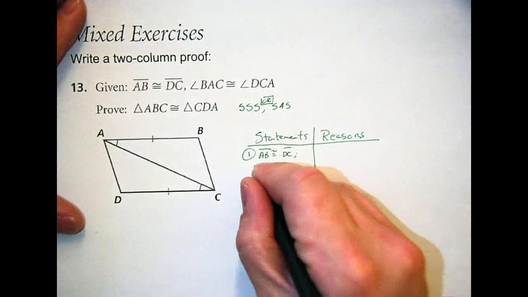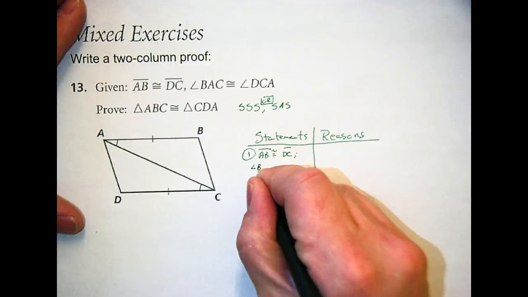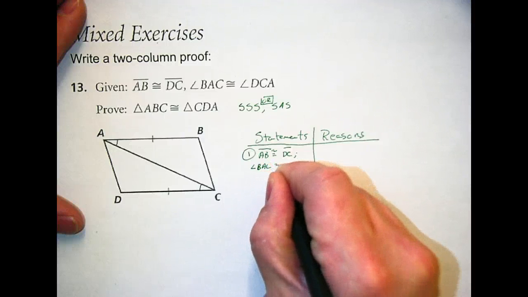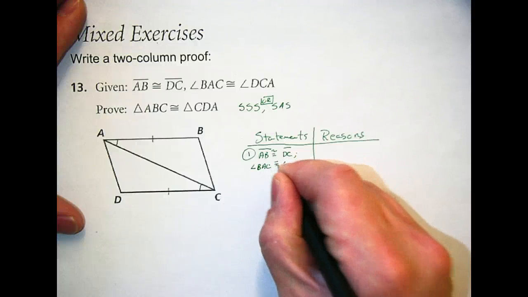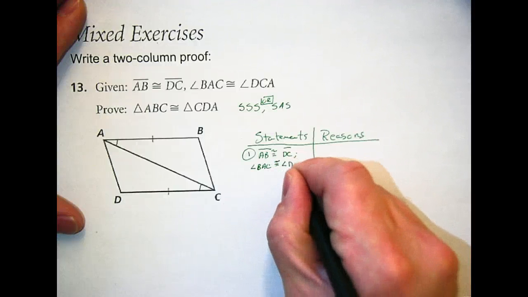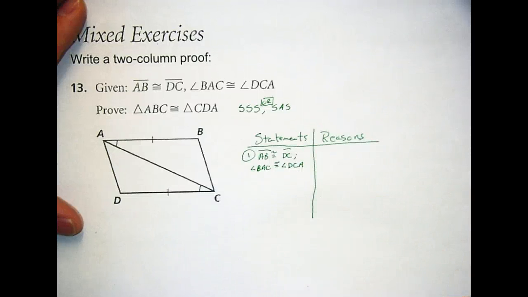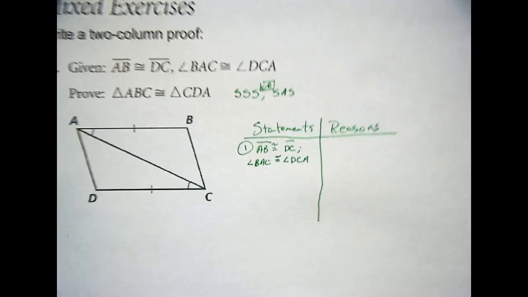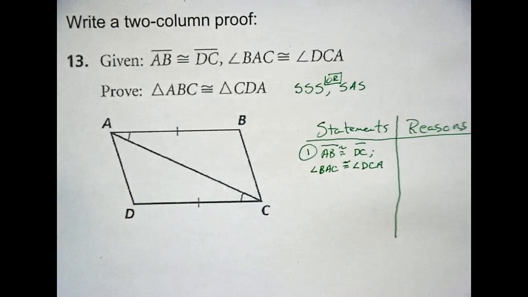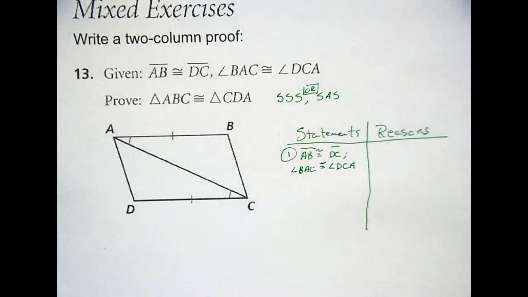Angle BAC congruent to, or excuse me, not triangle, angle DCA. You guys need to hold me accountable because sometimes my angle marking starts looking like a less than symbol. And math teachers make fun of me. I've actually been in math meetings where they've made fun of me.